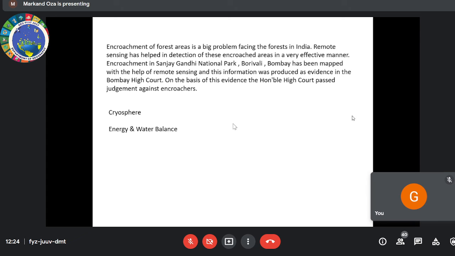I do not know whether, other than Earth observation, there is any meaningful mechanism which can do global inventory as well as assessment of snow and glaciers.